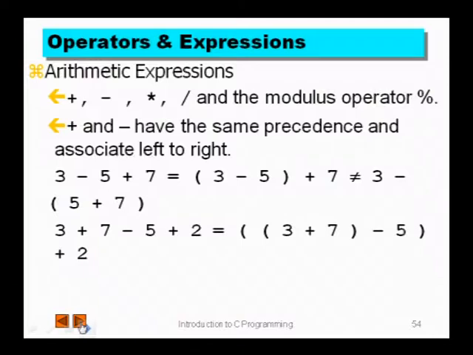So both expressions are the same. Whichever expression is enclosed within the parentheses will be evaluated first, then the other variables or numbers are evaluated.